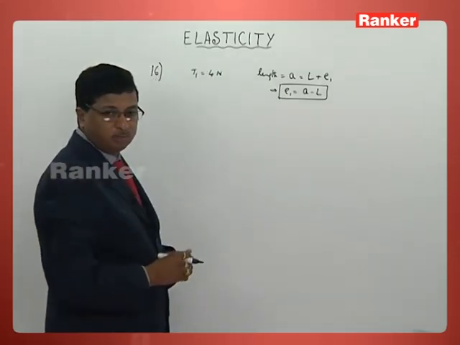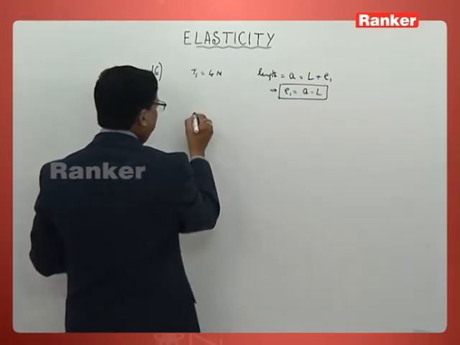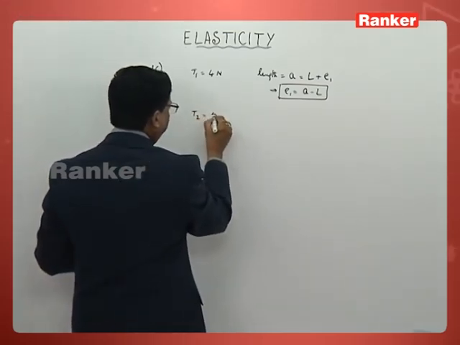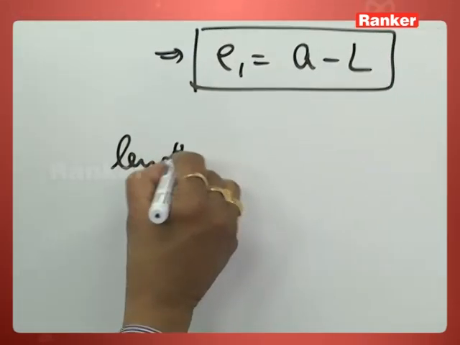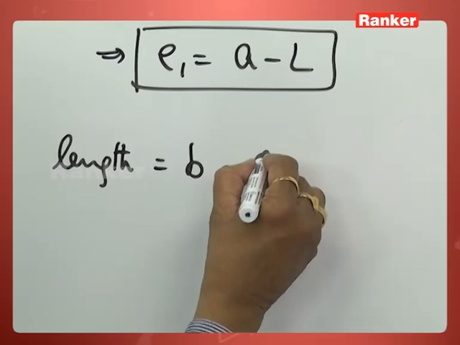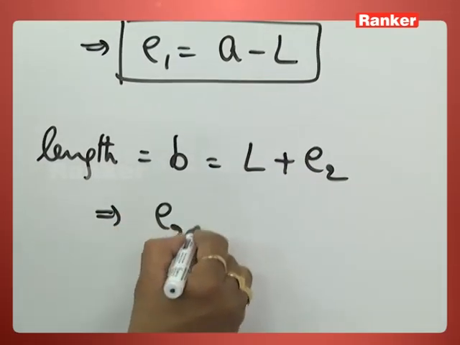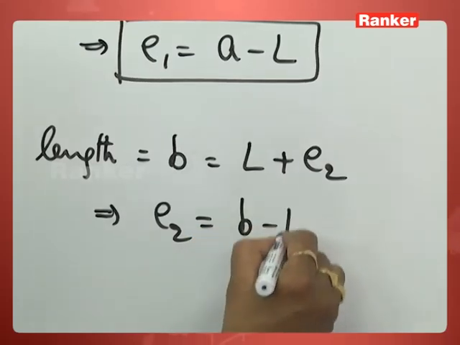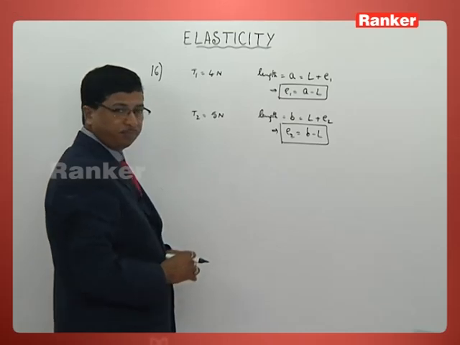Now the second case: the tension is 5 Newton, the length is given as B, and this can be written as L plus E2. Therefrom, E2 can be written as B minus L. This is the elongation in the second case.